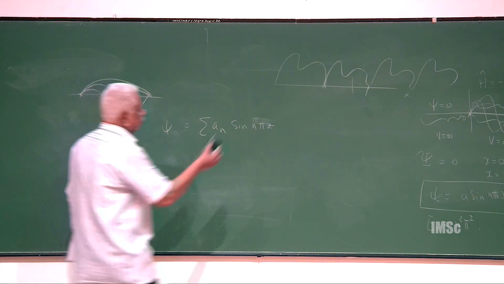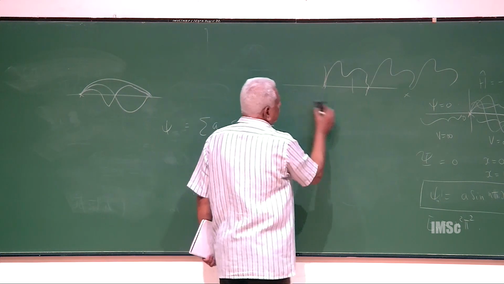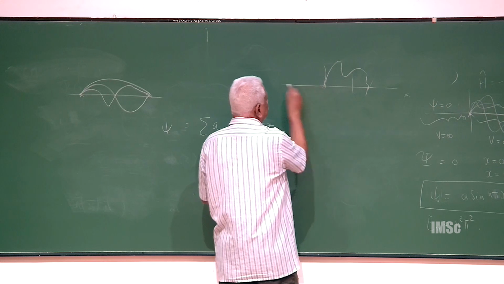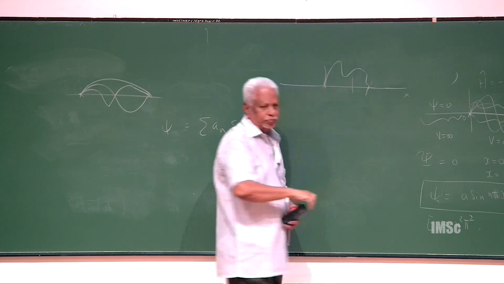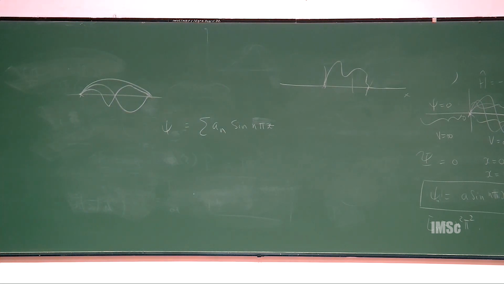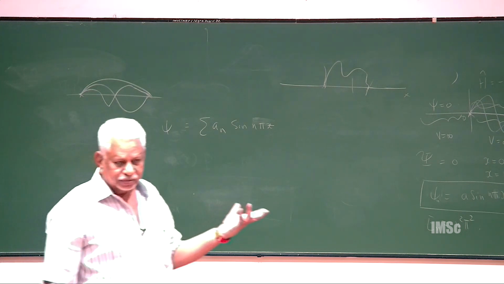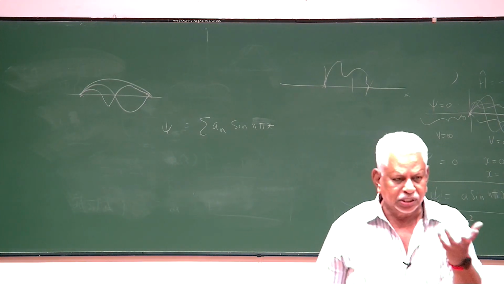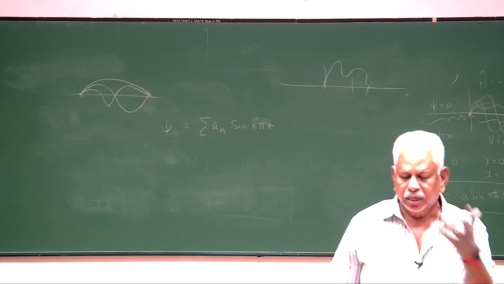It is 0 here. You have to remove all of them. Everywhere it is 0. If I give you such a function, you can always expand it in Fourier series. As simple as that, right? Are there any questions so far?